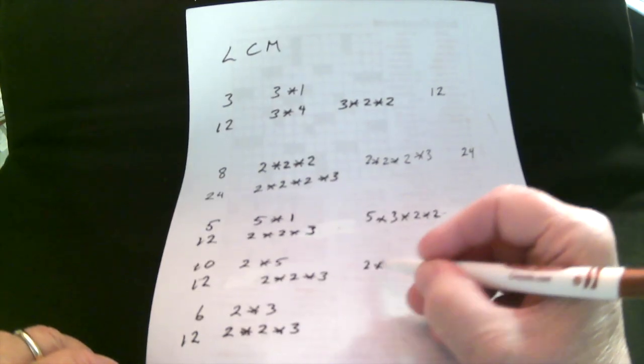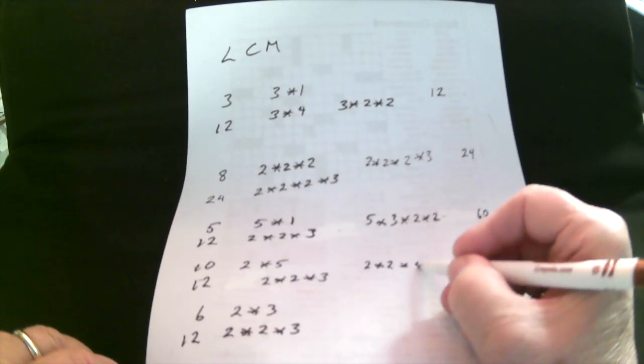And for 10 and 12, 10 is 2 times 5, and 12 is 2 times 2 times 3. We don't need both 2s from each because the 2 shows up in both, but we need two 2s because it shows up twice in the second one.